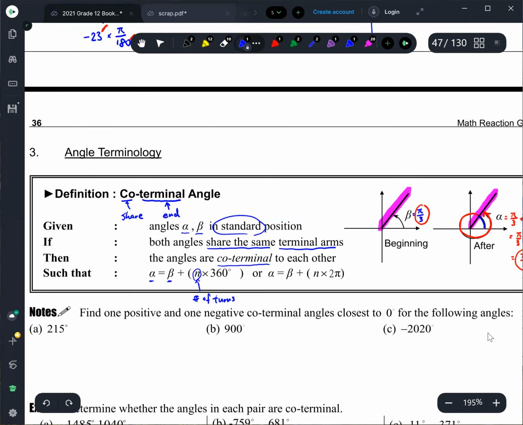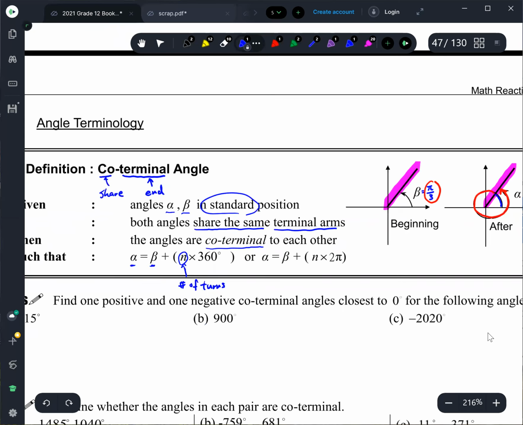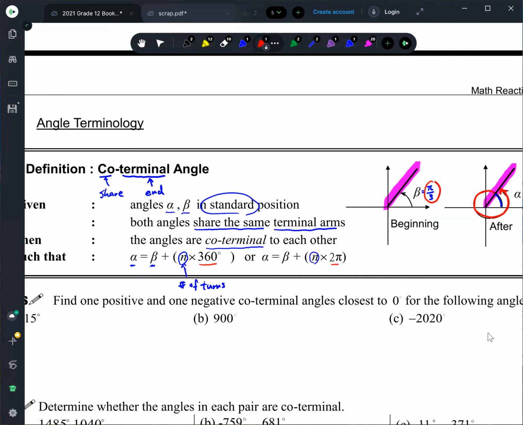So if n equals 1, that means you add 360 degrees. N equals 2 means you add 720, because 2 times 360. If it's in radian, then instead of 360, you have 2 pi, because 360 means 2 pi in radian. So we get these two formulas.